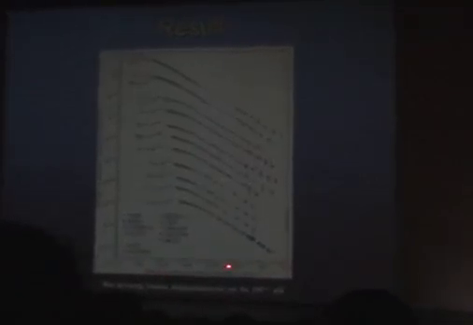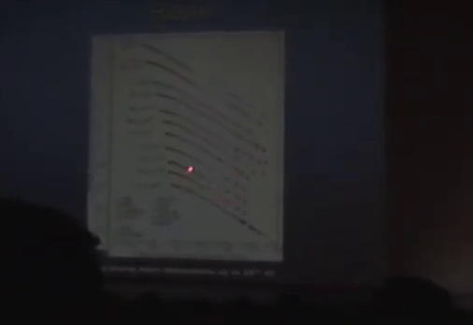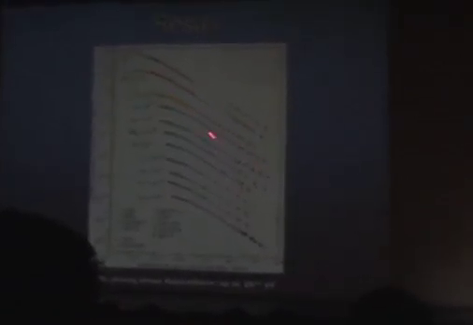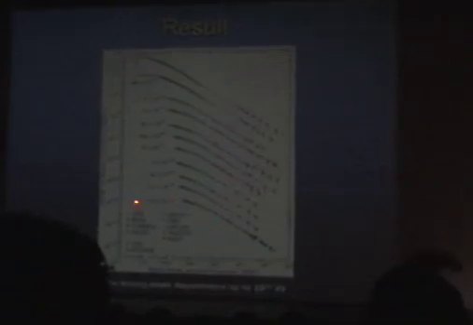This is what we observed. Now, the curve that has been shown to you twice is now decomposed by elements. This is what this detector does. So you have the protons and the heliums, down to the iron.